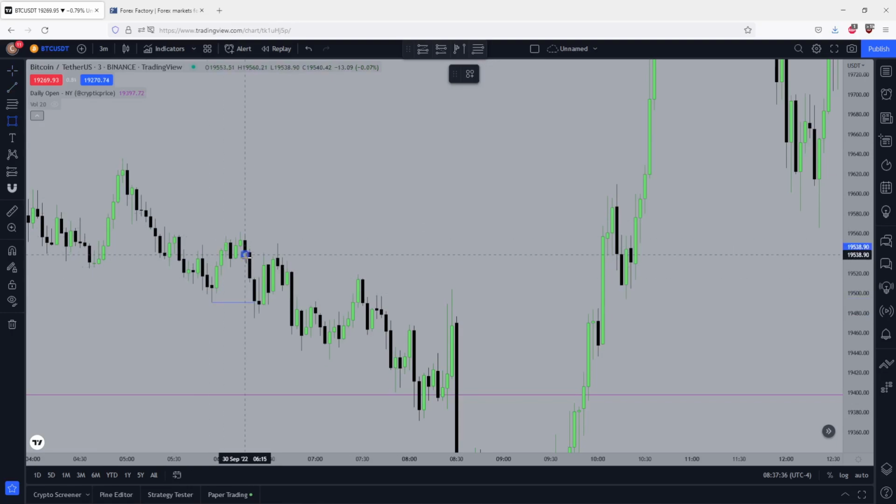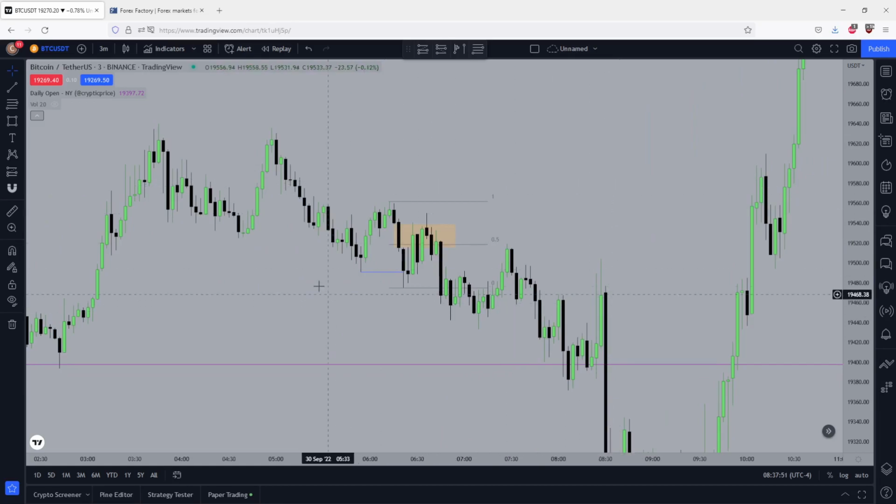We have a fair value gap, or rather, there's a tiny fair value gap here, so 2 fair value gaps if you want. And we pull out the fib tool and we see what price did. First, it broke this low, it continued a downtrend, so we were still looking for shorts. Price then pushed back up into the fair value gap, which is in a discount.